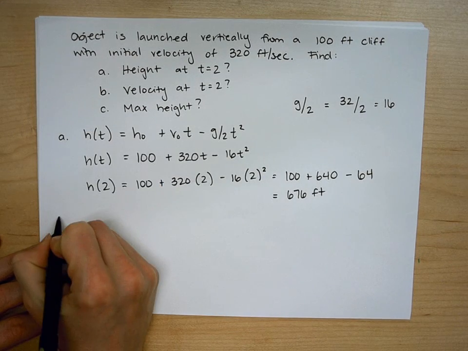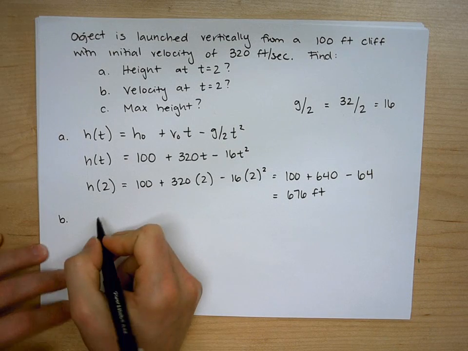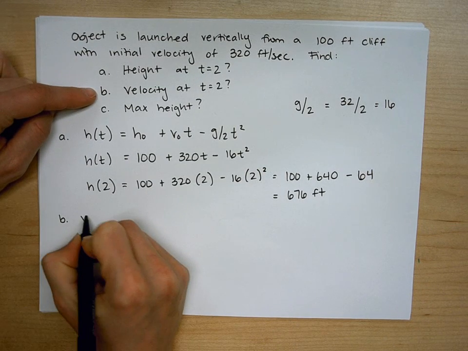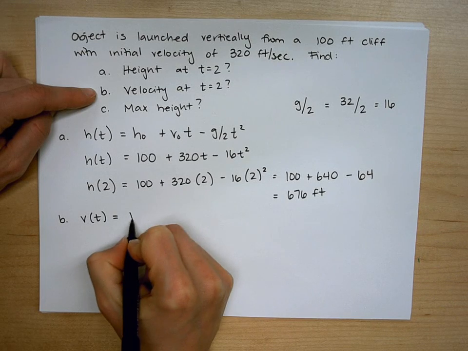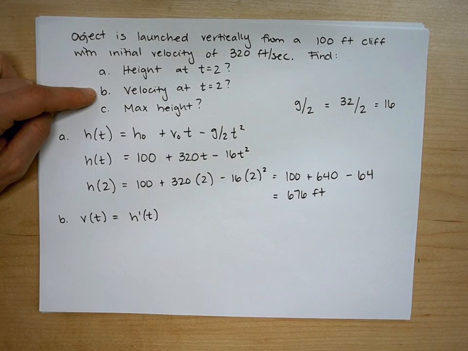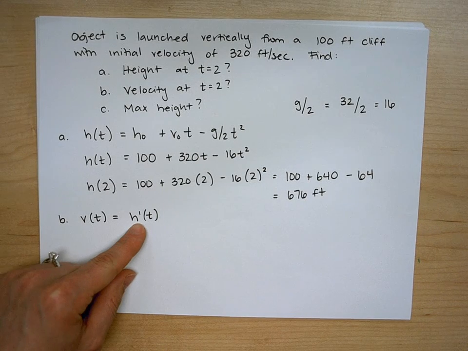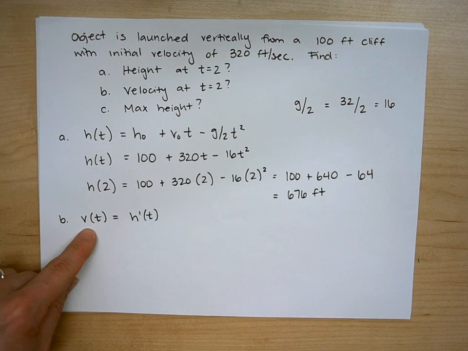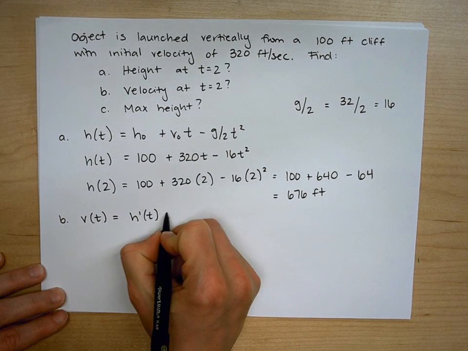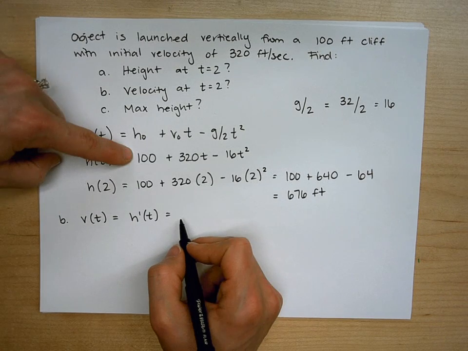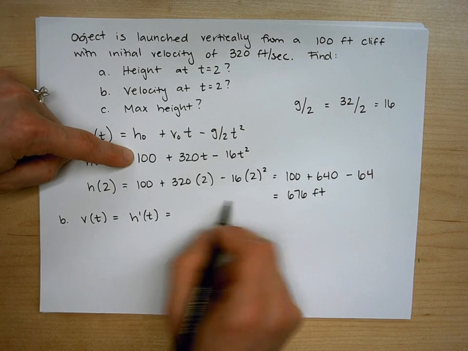Let's answer part B. Now we want to know what the velocity is at time 2. So as I mentioned before, the velocity is the derivative of the height function. Okay, because again, this is the rate of change. How is height changing with respect to time? Well, that's the velocity of the object. So we can use the power rule to take the derivative from here. Derivative of 100 is 0 because it's a constant.